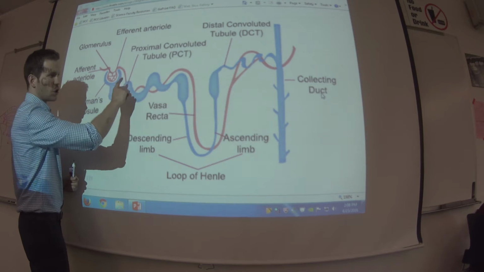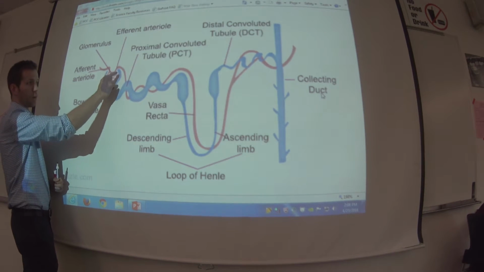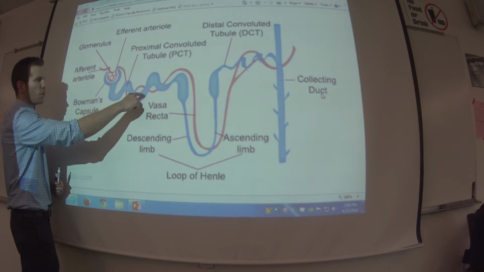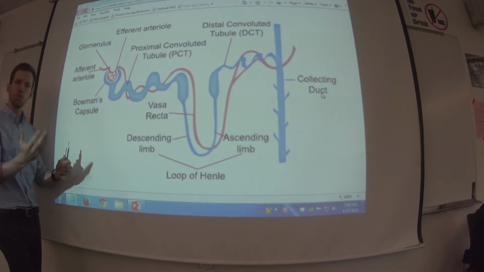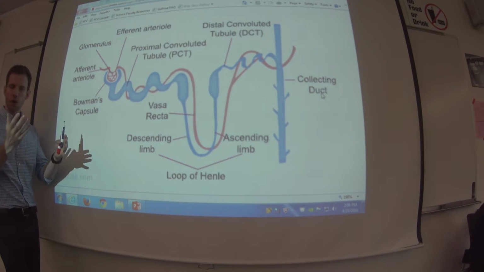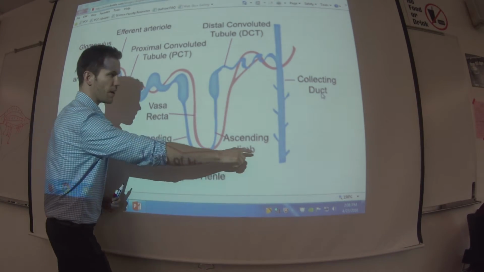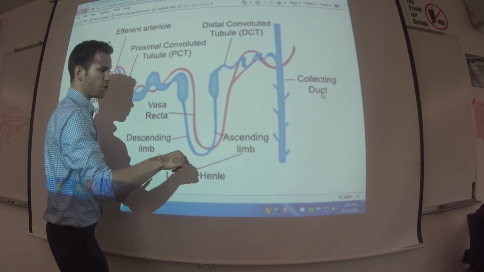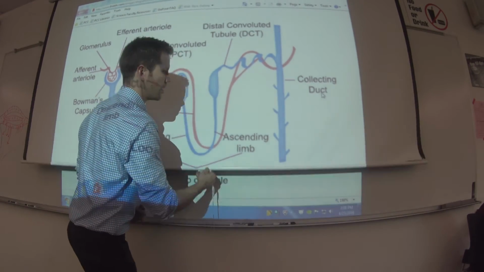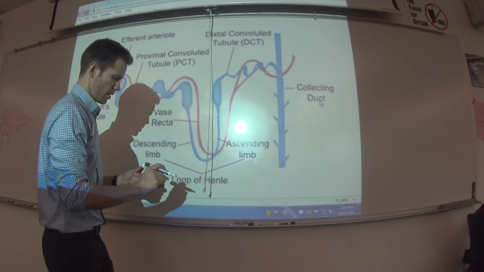Other big difference, if we look at where this fluid is going, now if this were a lymphatic vessel, this fluid would make its way back to the veins to keep your blood pressure the same, keep your volume in your blood the same. In this case, though, we don't do that. We send it off eventually out, and this would go to the renal pyramid. So let me just lift this up so I could draw on it.